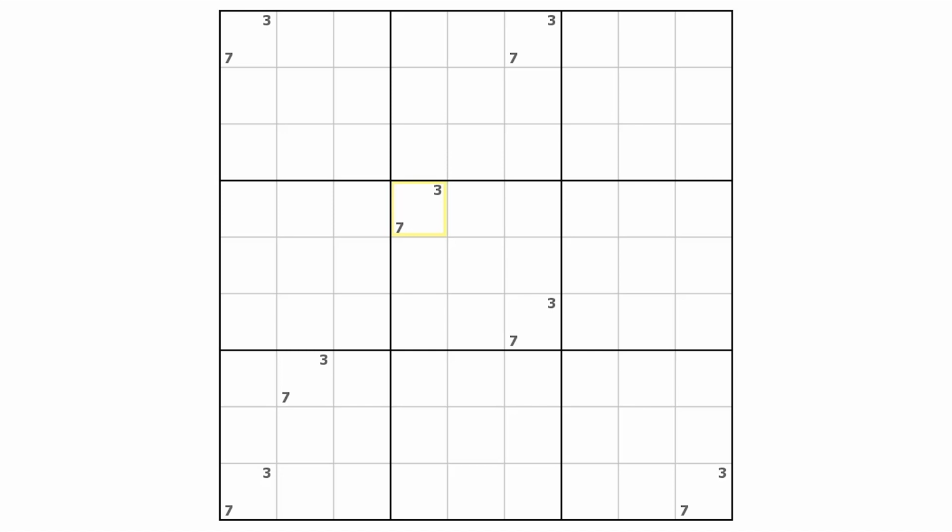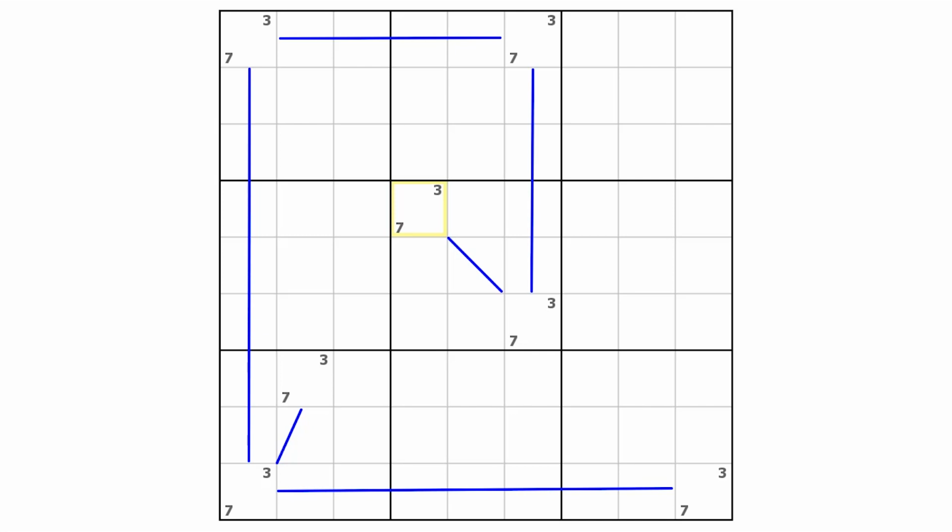These 7 identical bi-value cells form a network that looks like this. Those blue lines are connecting each set of naked pairs. And we know the solutions to these cells are going to alternate either 7, 3, 7, 3, 7, 3, and this one 7, 3, or they're going to alternate 3, 7, 3, 7, 3, 7, and 3, 7.